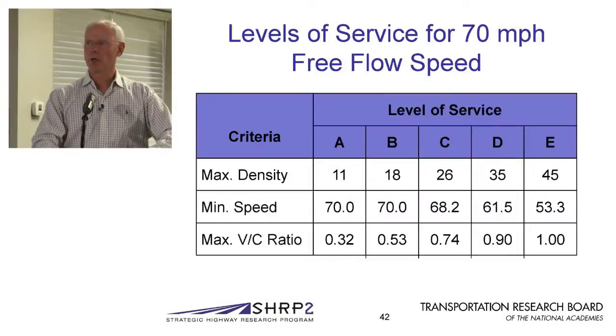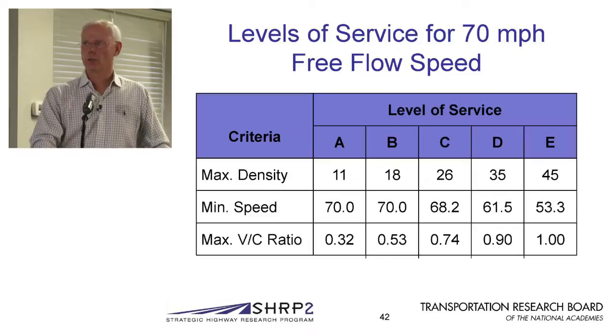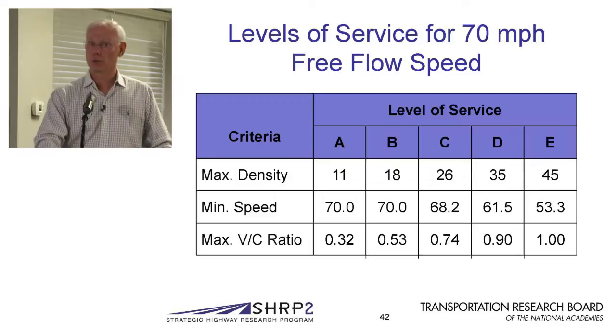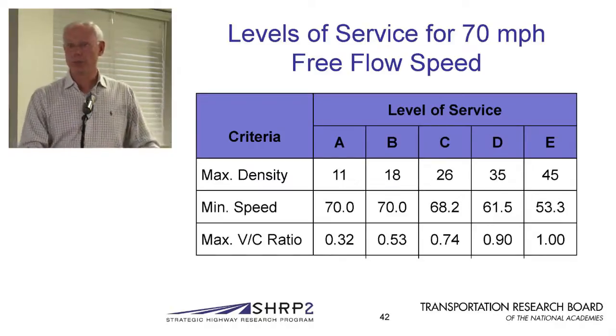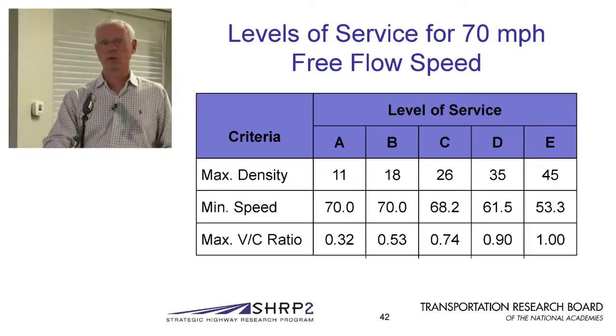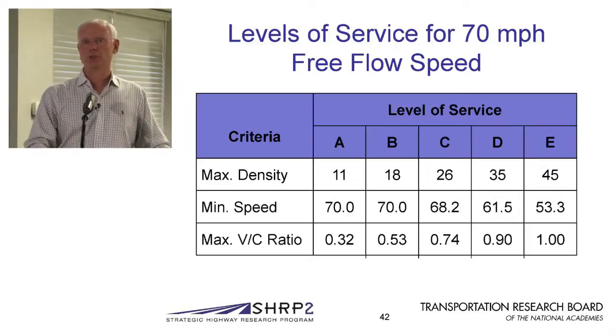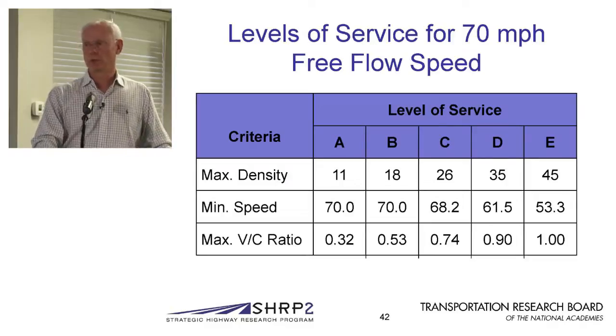This comes right from the Highway Capacity Manual, and so you see level of service is defined through 3 parameters: density, which is essentially the number of vehicles per unit space, speed, and also volume to capacity ratio, which is, as it says, the demand volume compared to the capacity of a facility.